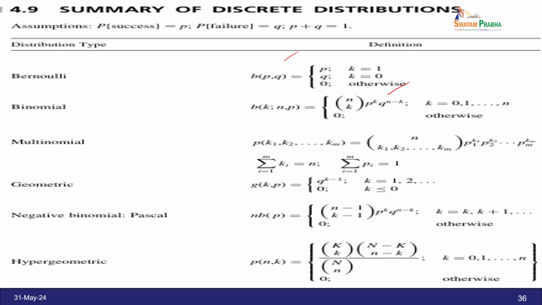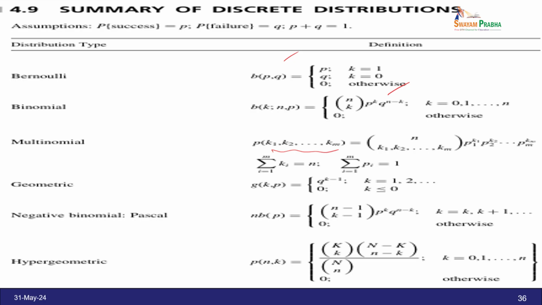For the multinomial, k is expanded to k1, k2 and so on up to km, and nCk is expanded to n choose k1, k2 and so on up to km, times P1 power k1, P2 power k2 and so on up to Pm power km.